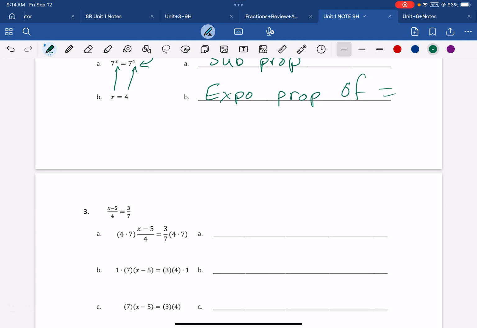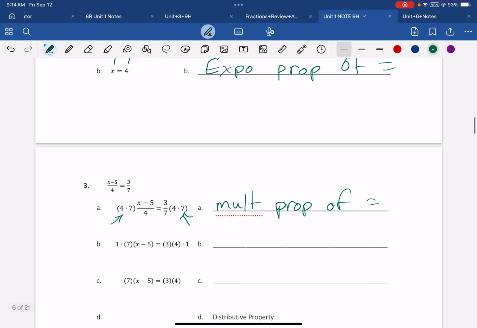Filling in the blanks. So first step, I see that they multiplied both sides by 4 and 7. So when you multiply both sides by the same thing, that property is multiplicative property of equality. Next step, I see that they did some simplifying where they're actually making the 4, this 7 eliminates with that 7, and this 4 eliminates with that 4.